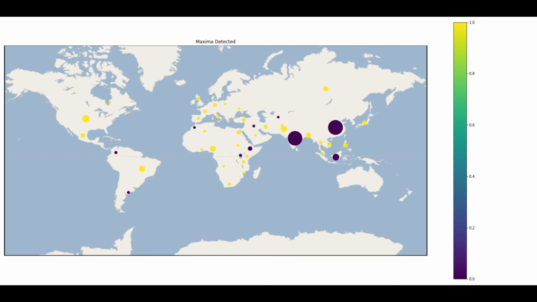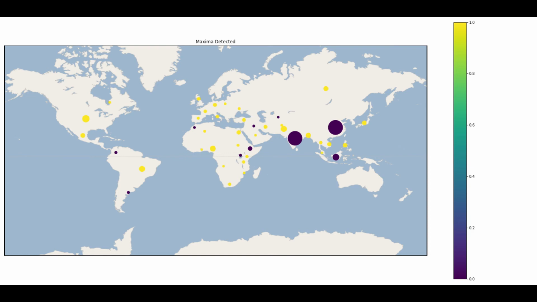The first thing I did here is basically just a labeling visualization. All countries where I have detected a local maximum on the infection curve and on the death curve are labeled yellow, so that is most of them, and everything labeled blue doesn't have a local maximum.